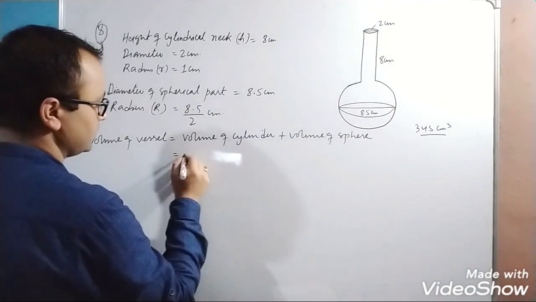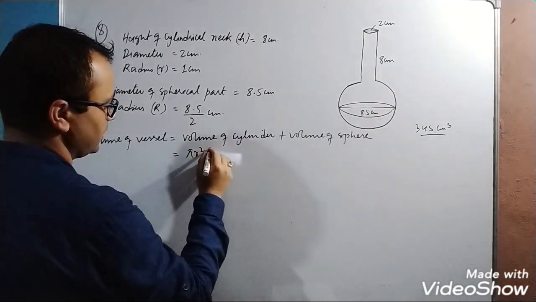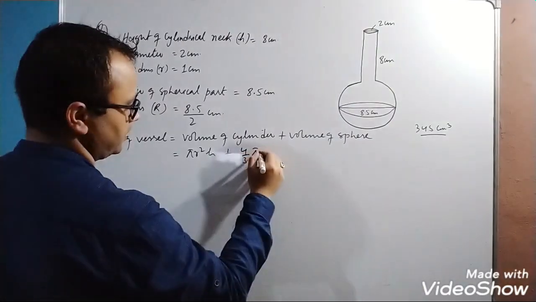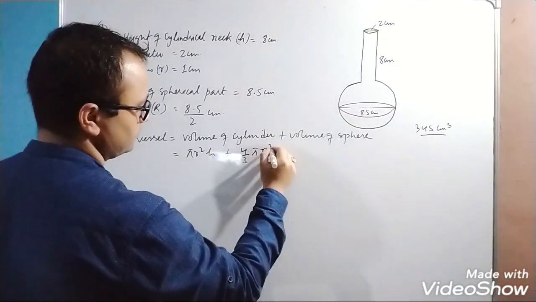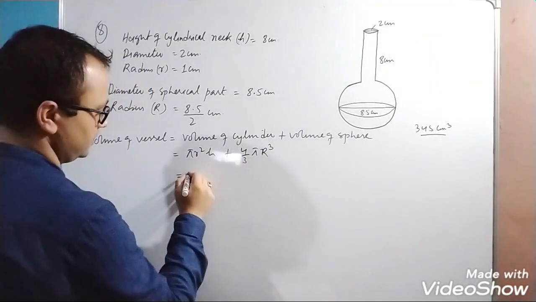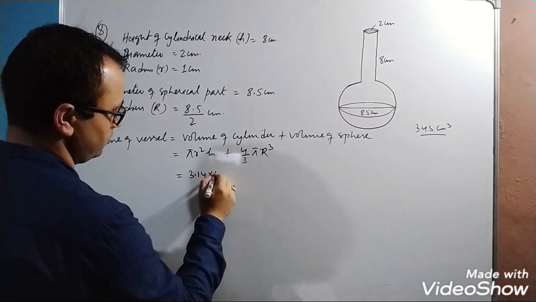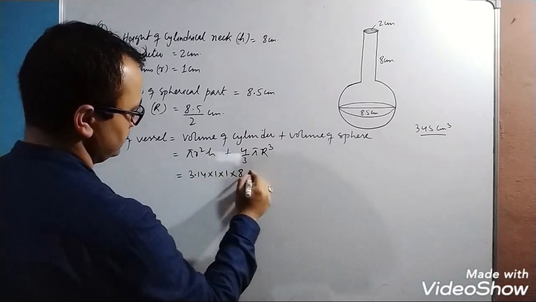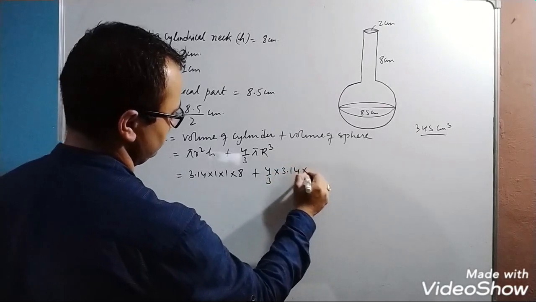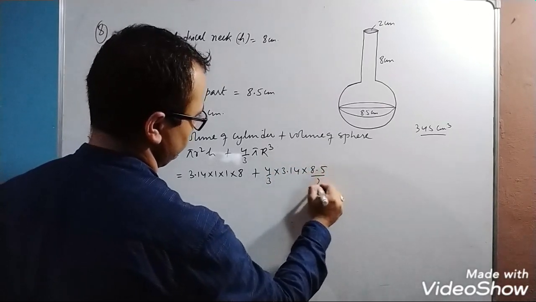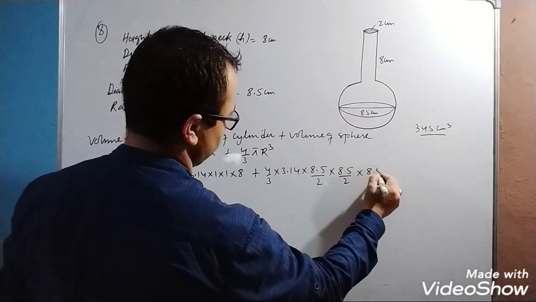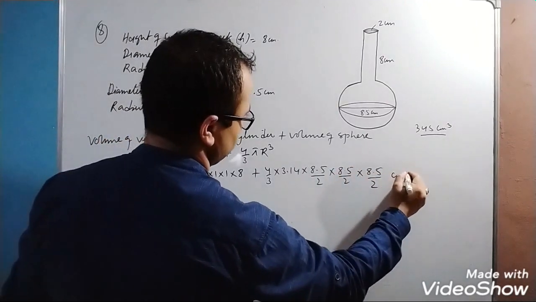The volume of a cylinder is pi r square h, and the volume of a sphere is 4 by 3 pi r cube. So it is 3.14 into 1 into 1 into 8 plus 4 by 3 into 3.14 into 8.5 by 2 into 8.5 by 2 into 8.5 by 2 centimeter cube.